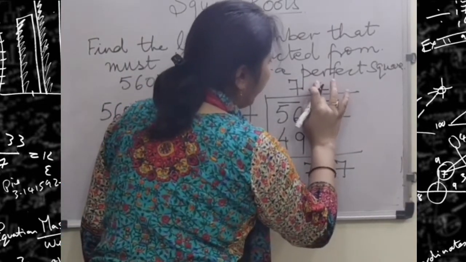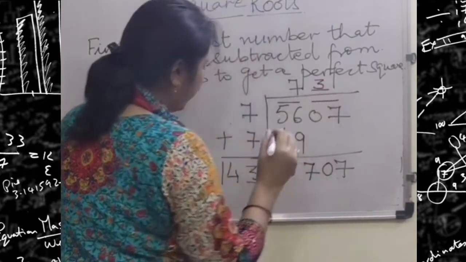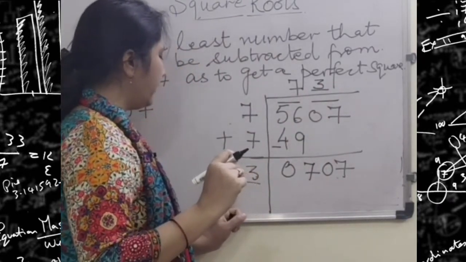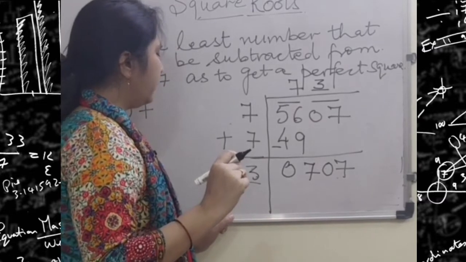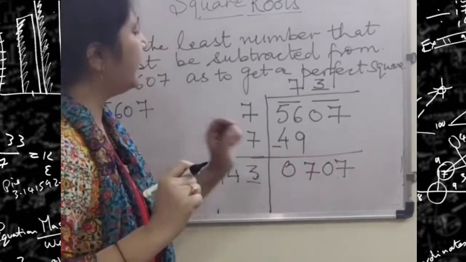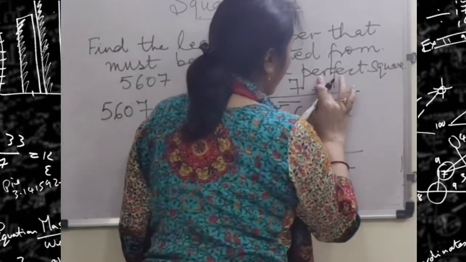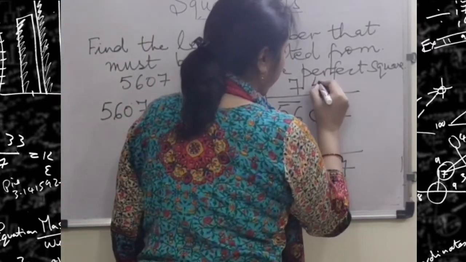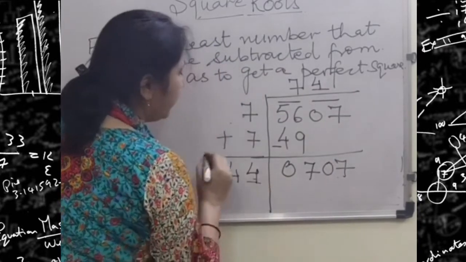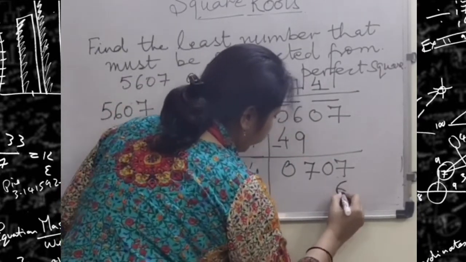Children, keep multiplying. If you multiply by 3, it is 3 3s are 9, 3 4s are 12, 429. Less than this. Let's take 4. And see the result.